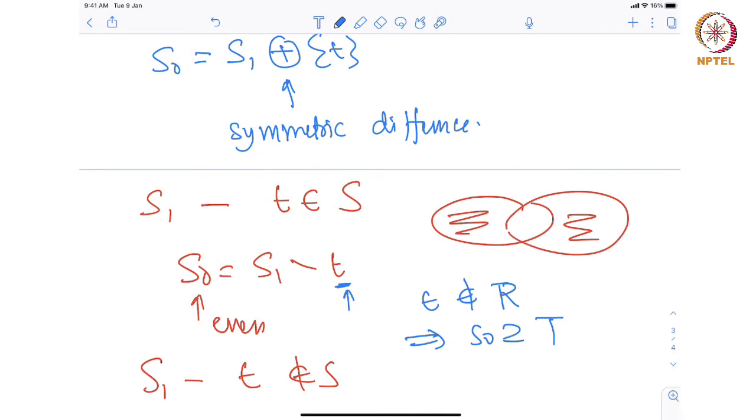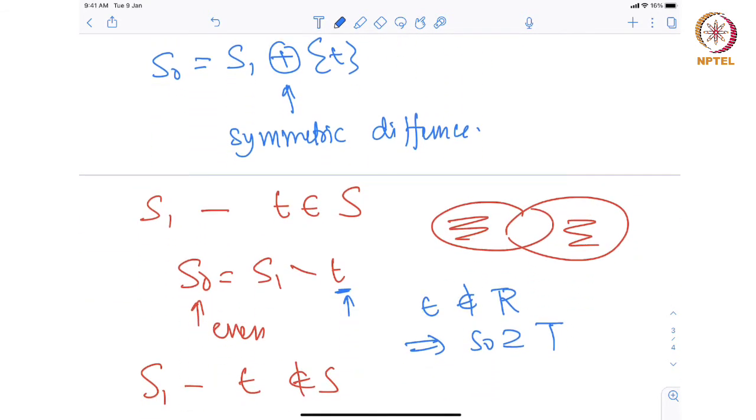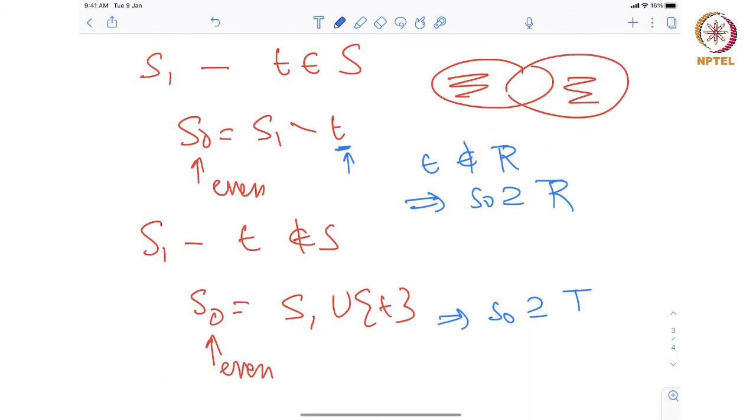T does not belong to it. This implies that this is fine, sorry. Okay.